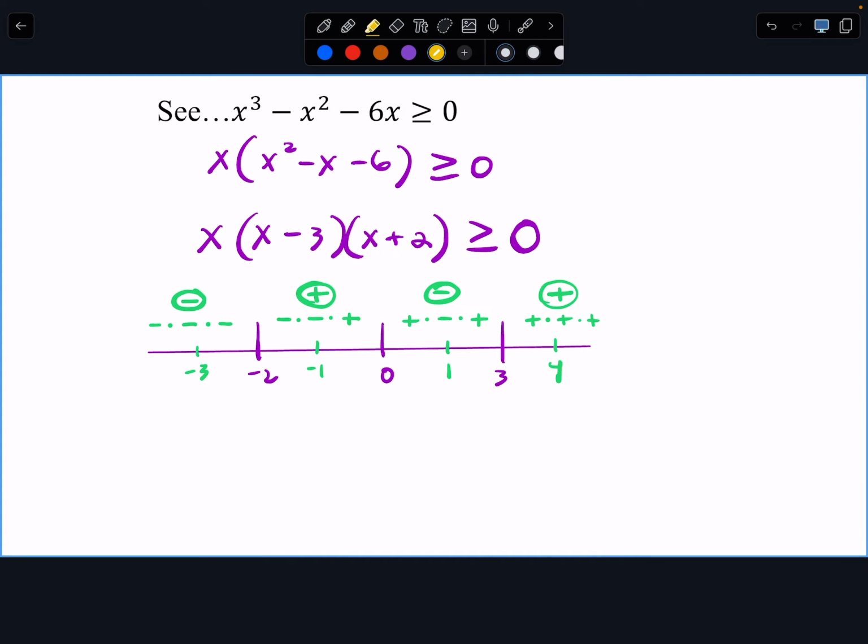So for intervals that would make that polynomial positive, looks like from -2 to 0 and from 3 to infinity.